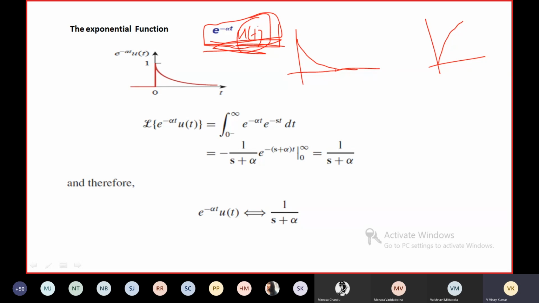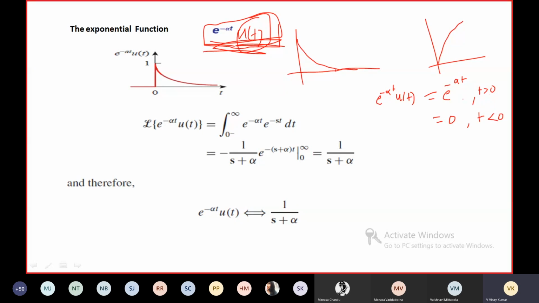So you can write e power minus alpha t u of t as equal to e power minus alpha t for t greater than 0, and equal to 0 for t less than 0.